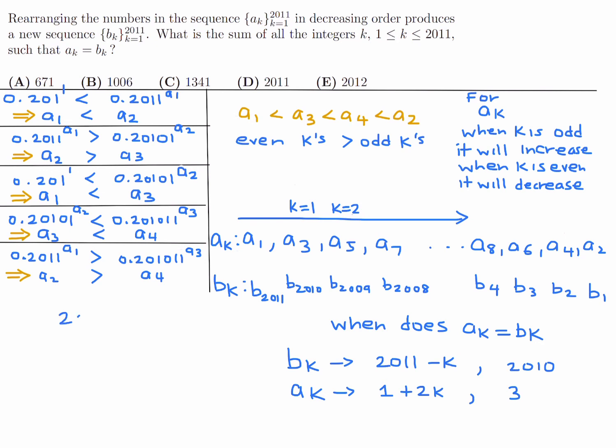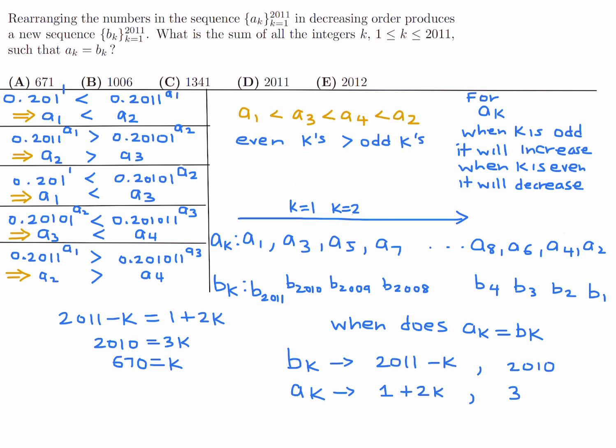They're saying for what value of K is AK equal to BK? Well, that's the same as saying when is 2011 minus K equivalent to 1 plus 2K? And if you do the math here, it is going to be 2010 is equal to 3K, and therefore K is 670.